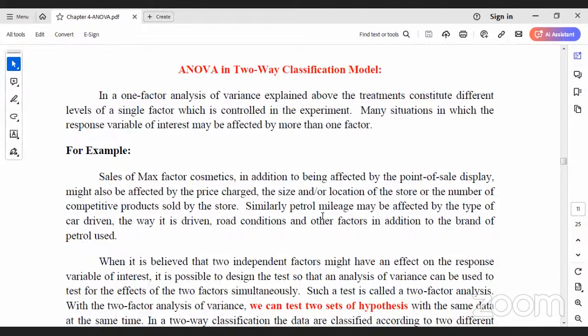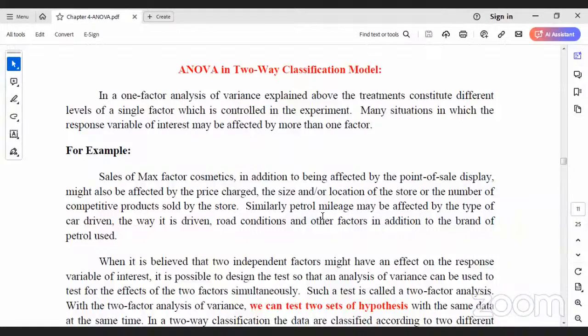For example, sale of Max Factor cosmetics, in addition to being affected by point of sale display, might also be affected by the price charged, the size and location of the store, or the number of competitive products sold by the store. Similarly, petrol mileage may be affected by the type of car driven, the way it is driven, road conditions, and other factors in addition to the brand of petrol used. So here in two-way classification, two factors will be involved.